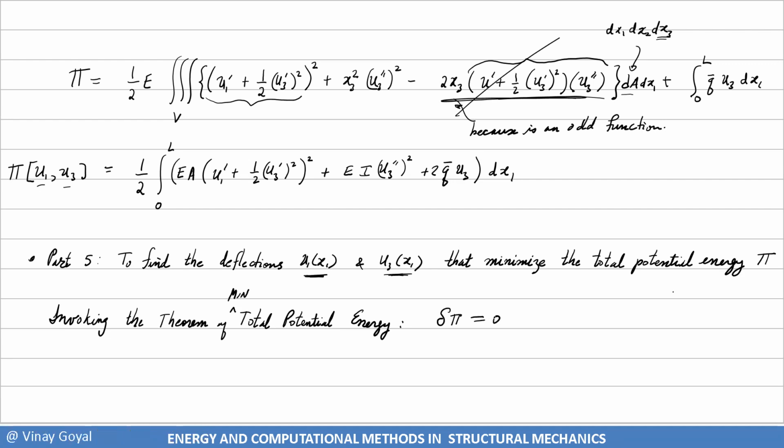In other words, if I were to first find the first variation of pi and set it equal to 0, I can determine the Euler-Lagrange equations. And when you solve those Euler-Lagrange equations, you'll find the deflections u1 and u3. By the way, those are the deflections that minimize pi. Those are the deflections that render the system in equilibrium.